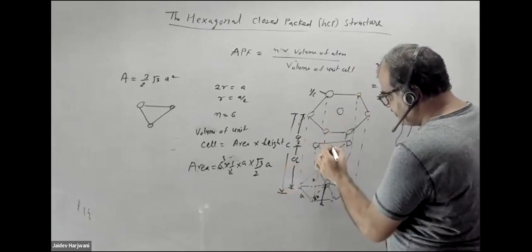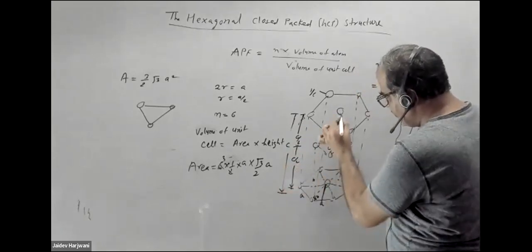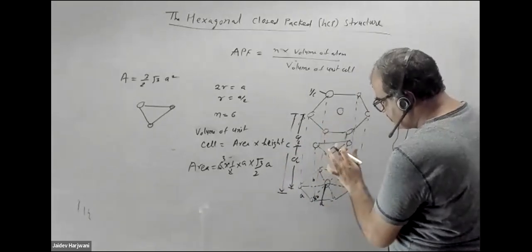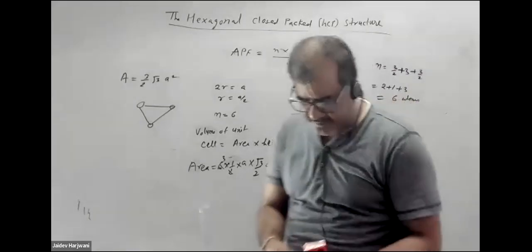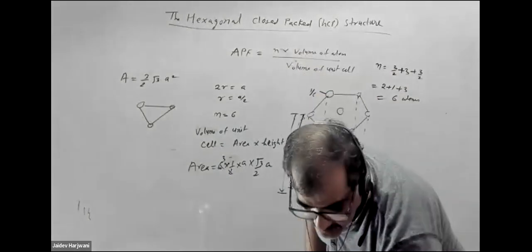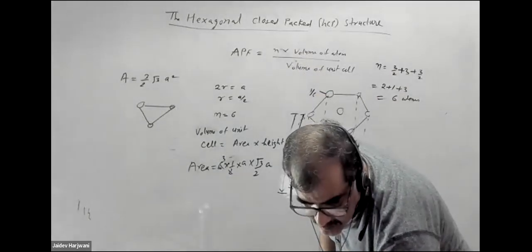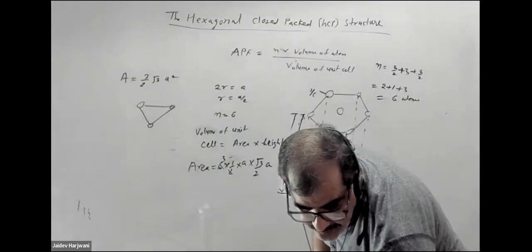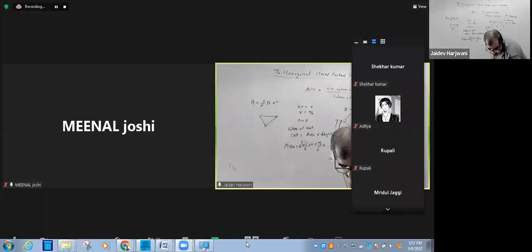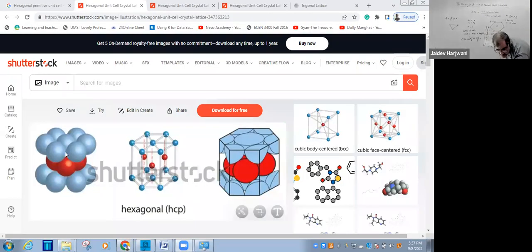Now this atom is here, and this atom is also touching this atom. Just now I showed you the image, let me show it again. Just see, this top blue atom is in the middle of this red triangle, and the red atoms on the side are also touching this middle atom.